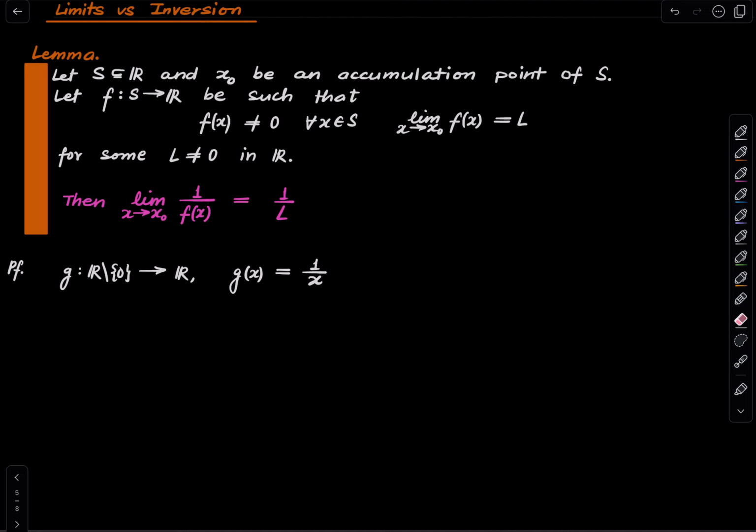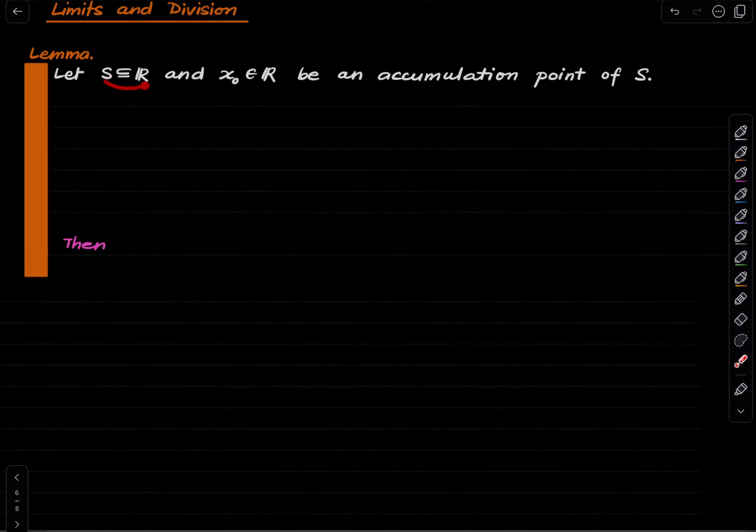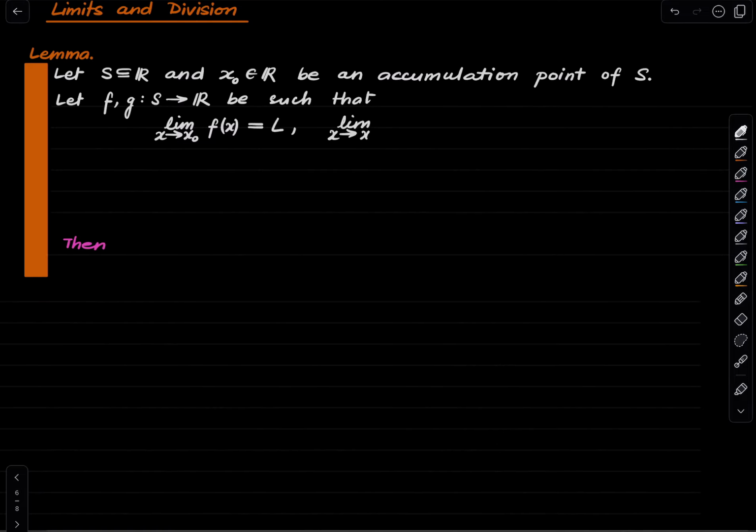Another thing. We have a set of reals and x0 is an accumulation point of it. And we have two functions f and g on S such that the limit of f exists as x approaches x0. Same for g. The limit of f is equal to some number L, and for g it is some number m.